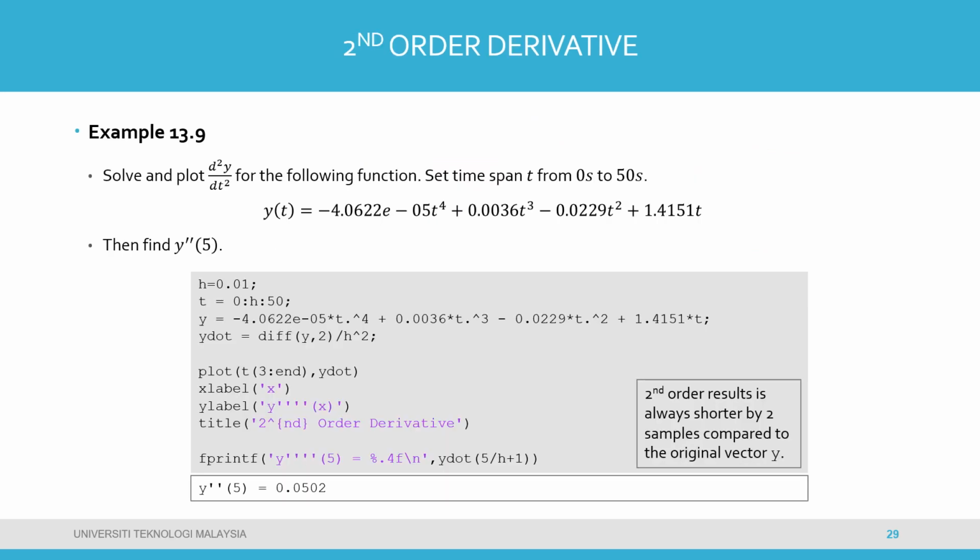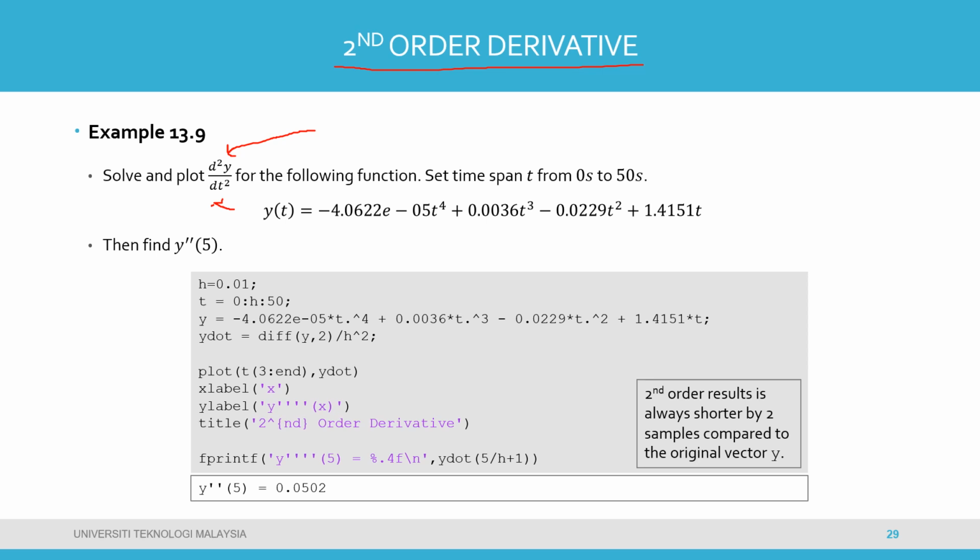We move on to the next example, which is the second order derivative. Second order derivative is just differentiation two times, d squared y over dt squared. It is almost the same, but remember the formula.